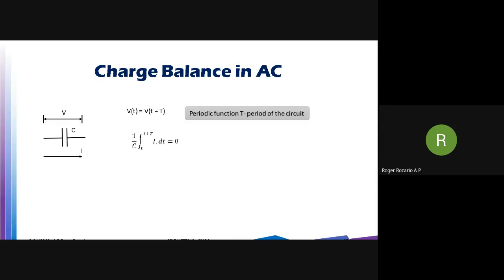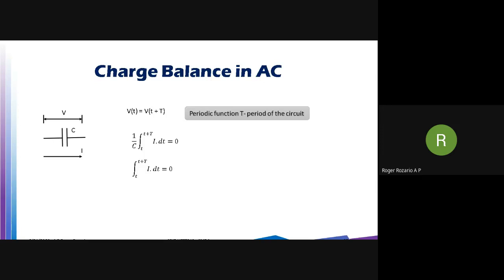So instead of 0 to t, I am changing the integral limits to 1 by C integral of t to t plus T i dt. 1 by C cannot be equal to 0, so the integral of t to t plus T i dt is equal to 0.